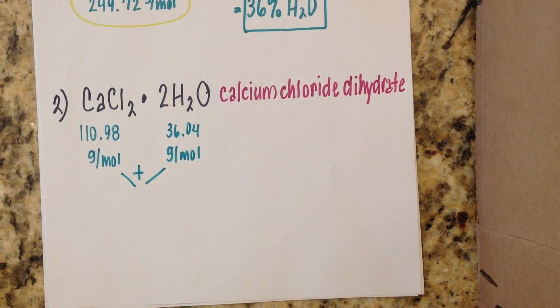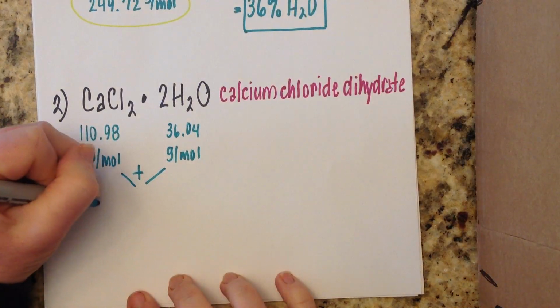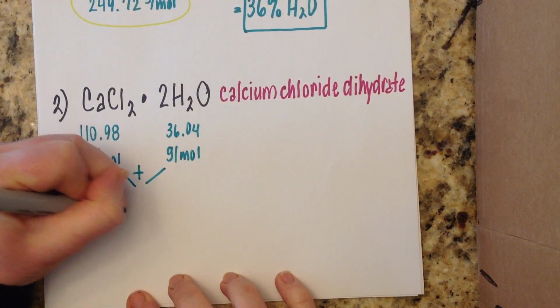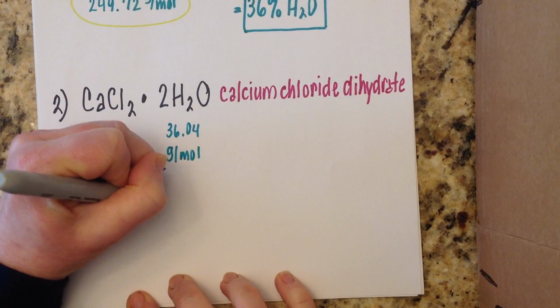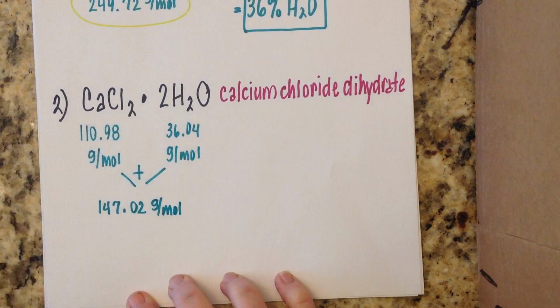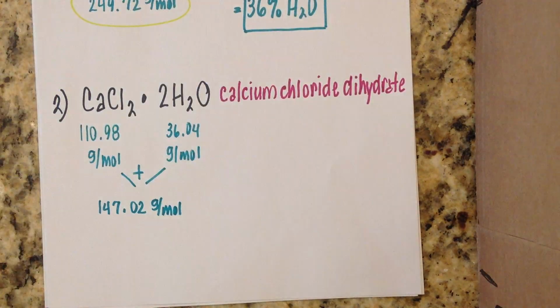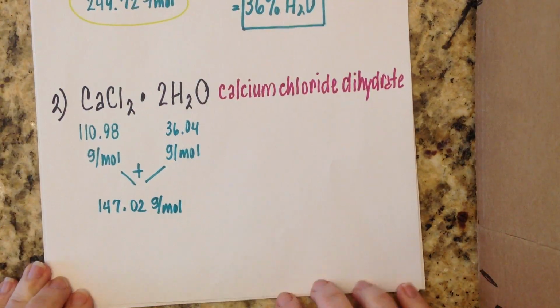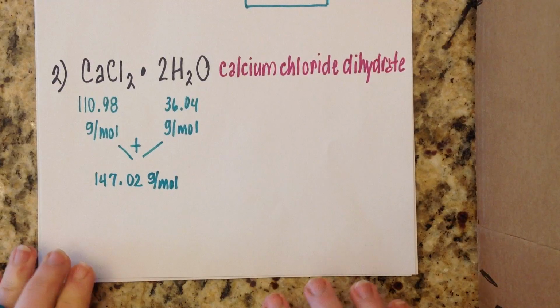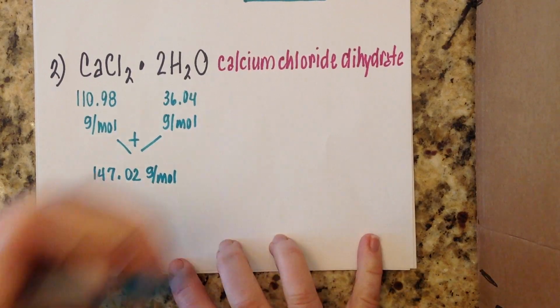Now to get the mass of the total hydrate, we will add these 2 numbers together. So 36.04 plus 110.98 equals 147.02. So I found the mass of the ionic compound, I found my total water, I added them together to get the total mass of the hydrate, and now we are ready to solve for the percent water.